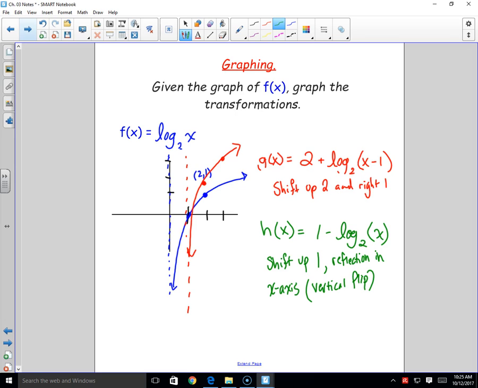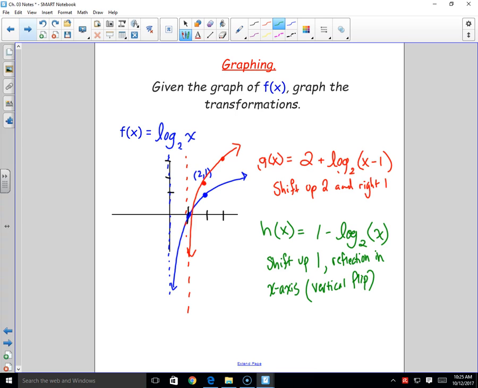Thomas, how'd you graph it? I just shifted everything up 1, each of the points. Then swoop it, from the flip. Okay, how do I do that? Let's pause with the shifting.